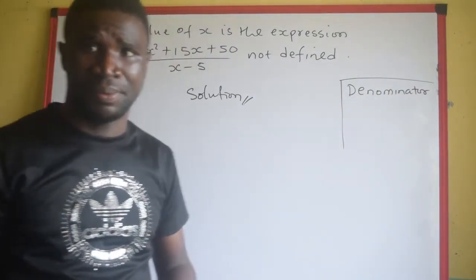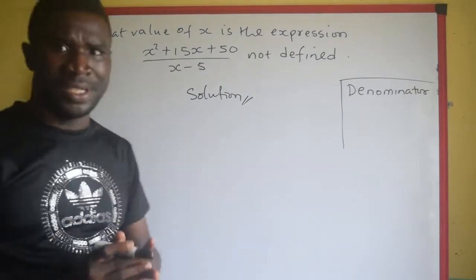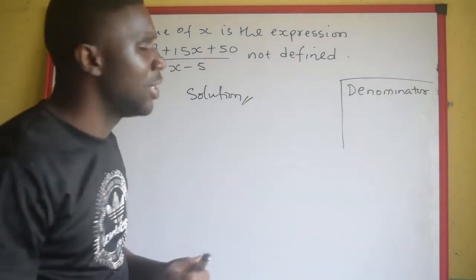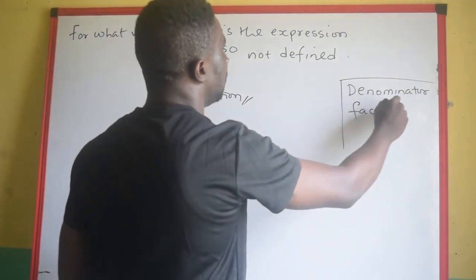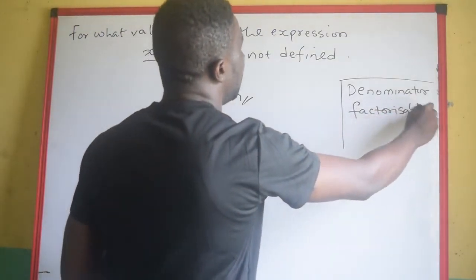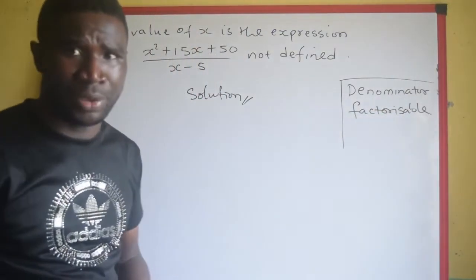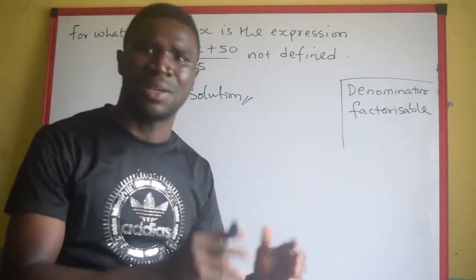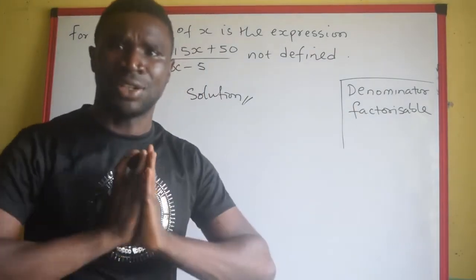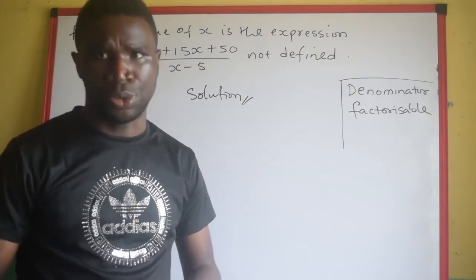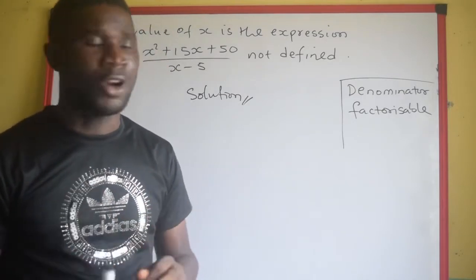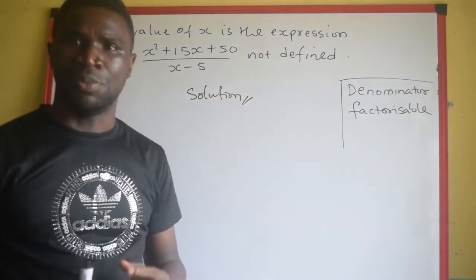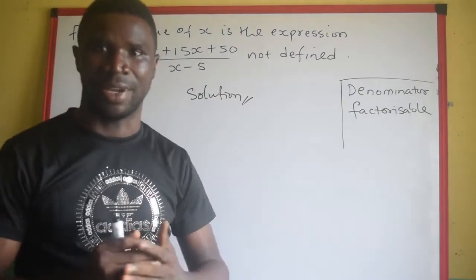That's the denominator. Now, since we have considered it, we'll also check if the denominator is factorizable. If the denominator is something that we can factorize, we'll factorize it before attempting to solve the question. If it cannot be factorized, we'll continue to solve the question. But you must confirm if the denominator is factorizable.